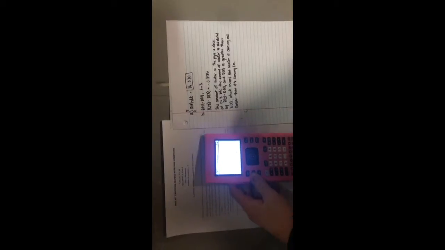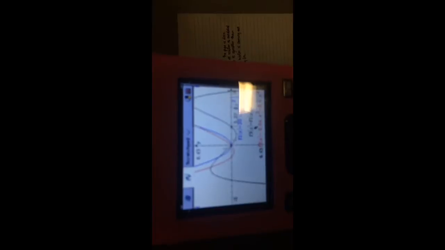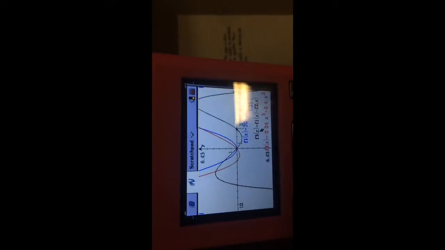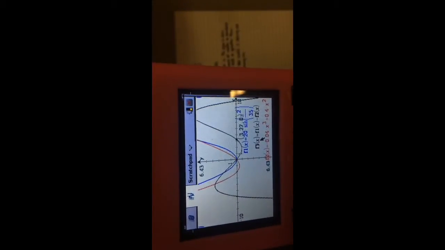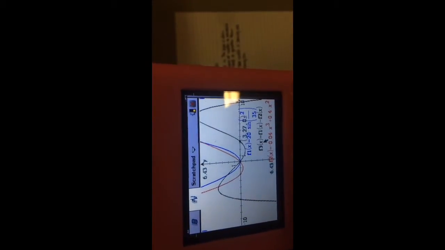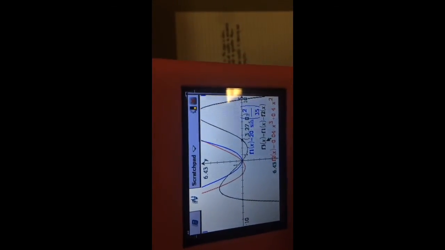So you can see here that the blue one is R of t, the red one is D of t, and the black one is R of t minus D of t. So you can just plug those into your calculator and you will be able to see the different graphs.